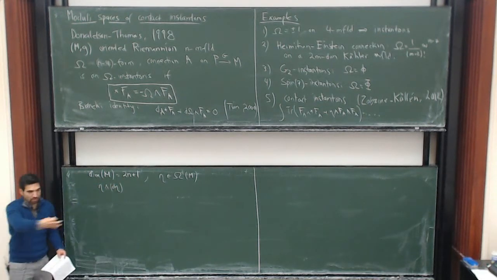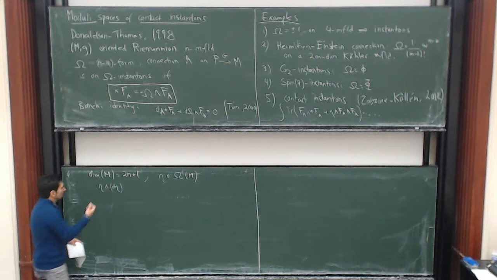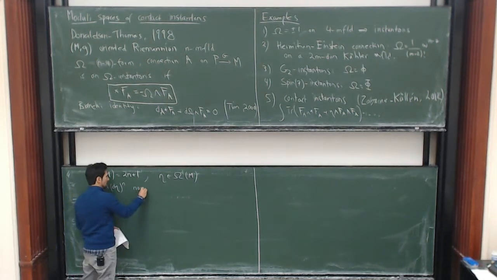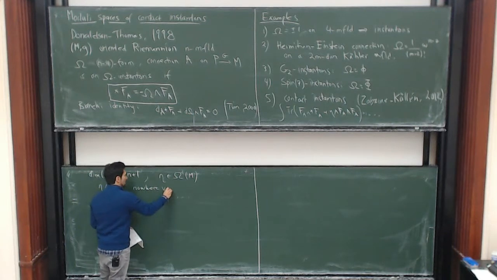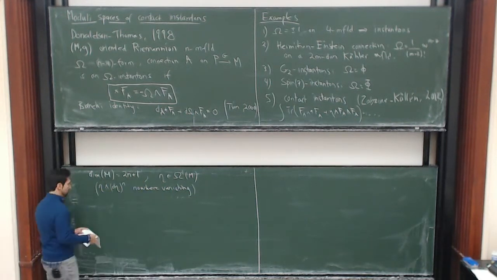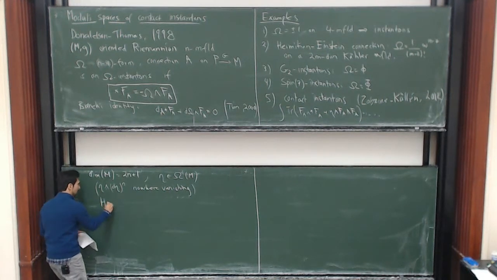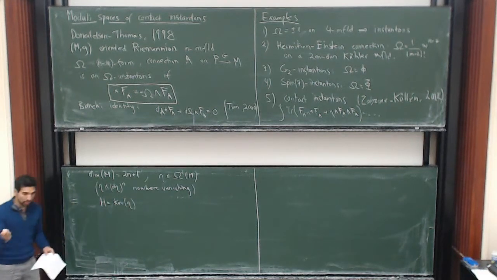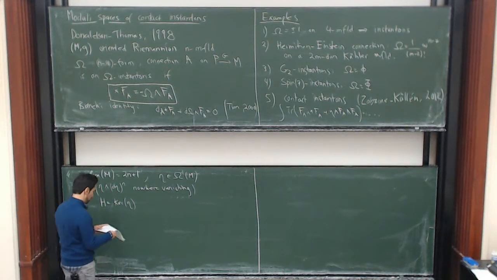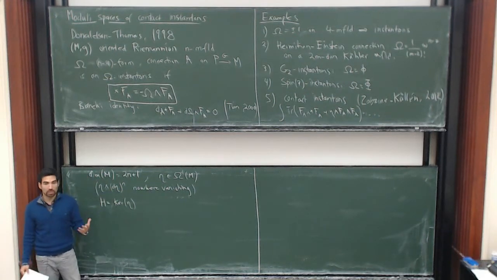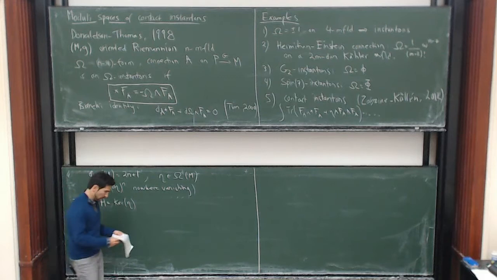the kernel defines the distribution, the subbundle that's maximally non-integrable. So, in other words, this is a nowhere vanishing form. And you have a 2n-dimensional subbundle of your tangent bundle, the contact distribution, and it has the property that d of eta restricted to this subbundle is a symplectic form.